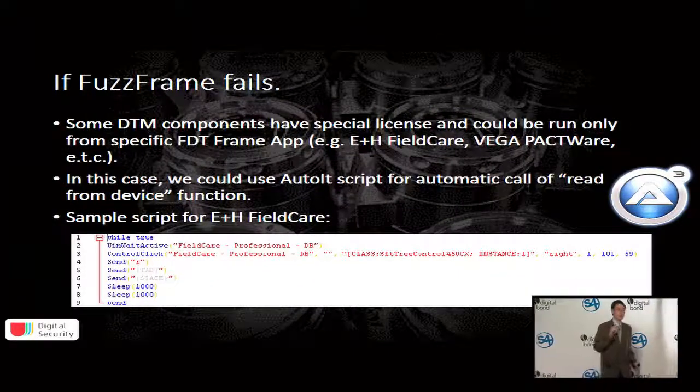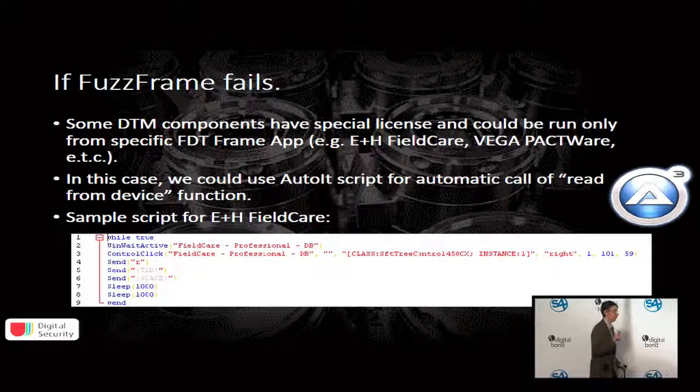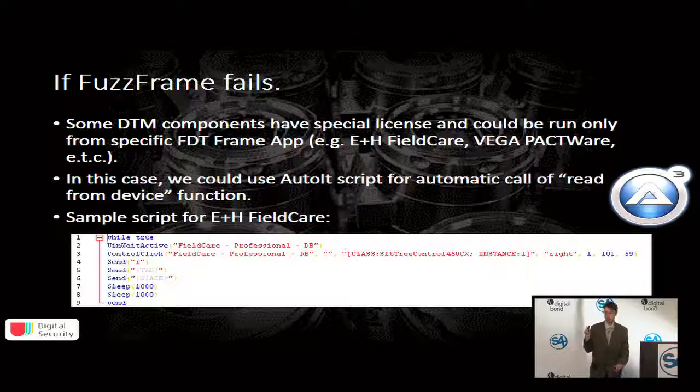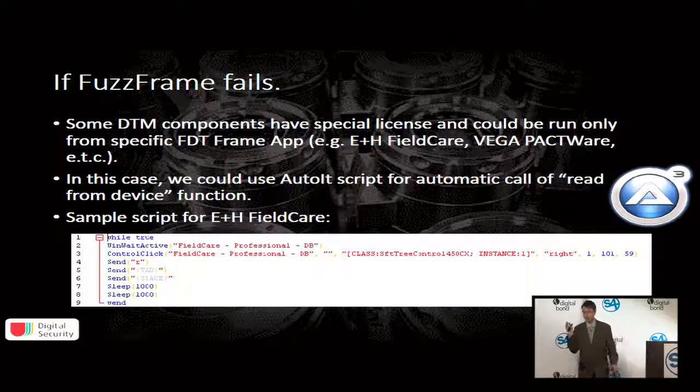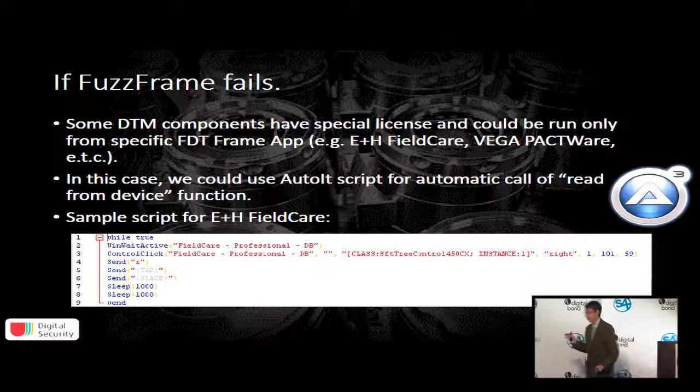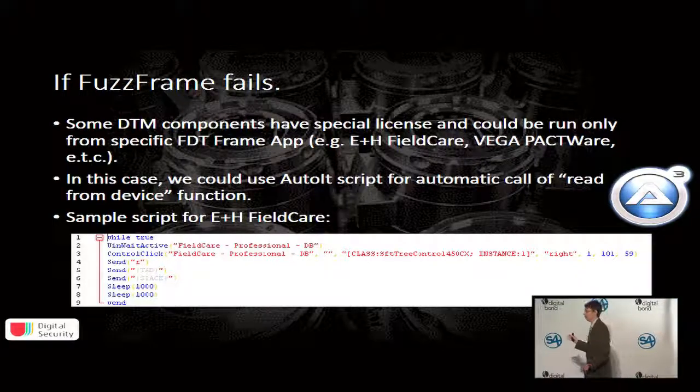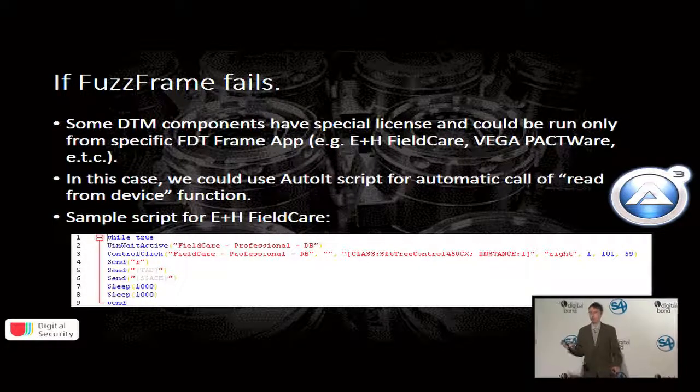If we have to fuzz a specific device DTM that needs a licensed frame application, for example, I already mentioned the Endress+Hauser application and components, we do it using AutoIt. AutoIt is a GUI testing tool. It's a popular tool in quality assurance.